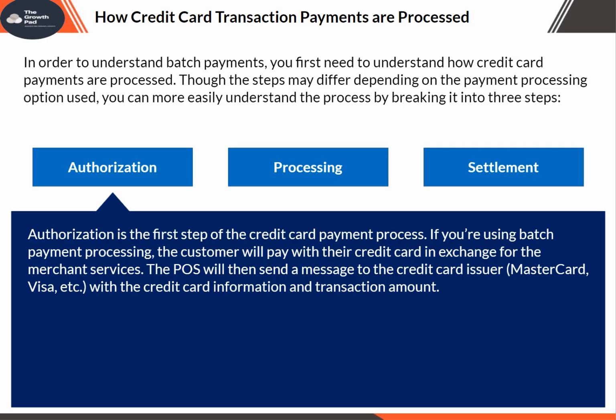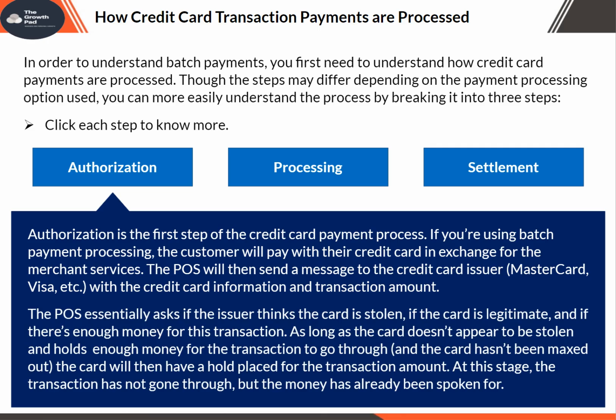Authorization. Authorization is the first step of the credit card payment process. If you're using batch payment processing, the customer will pay with their credit card, in exchange for the merchant services. The POS will then send a message to the credit card issuer, MasterCard, Visa, etc., with the credit card information and transaction amount.